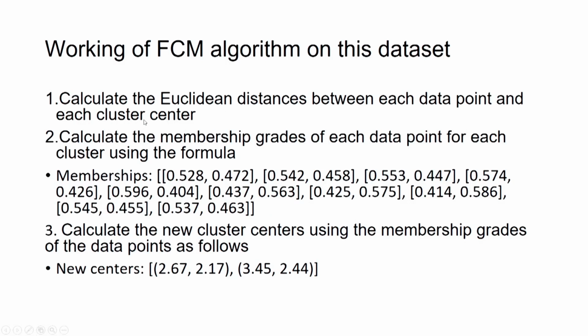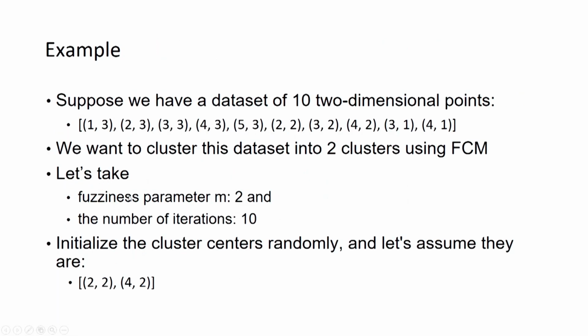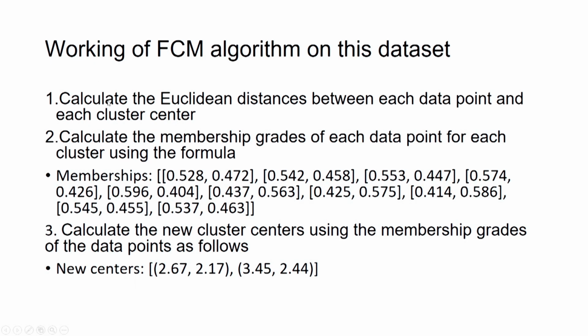After calculating these distances, the distance of this point with this centroid, this point with this centroid, and so on, in the same way the distance of all these points with this centroid, we will calculate the membership grade.